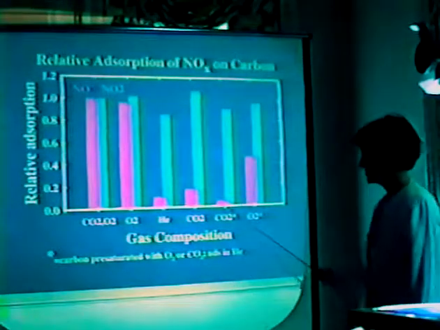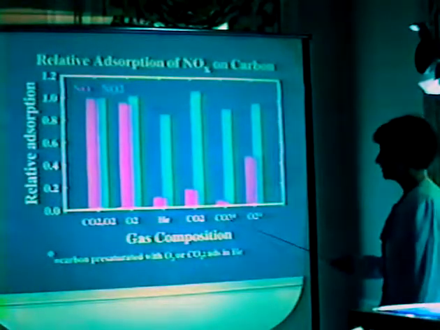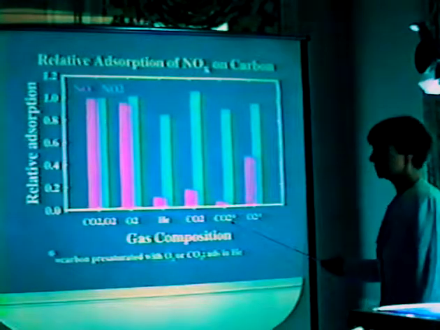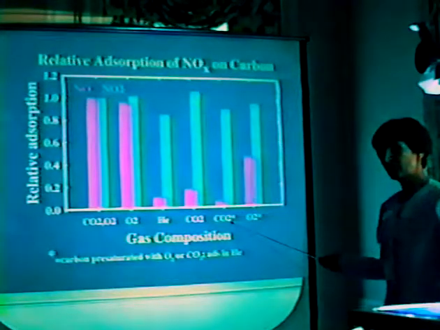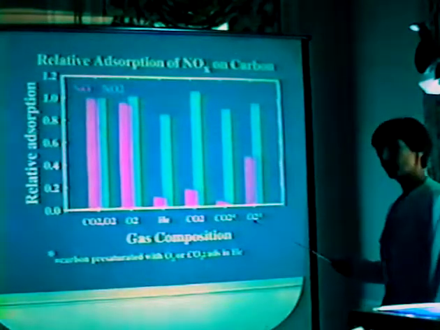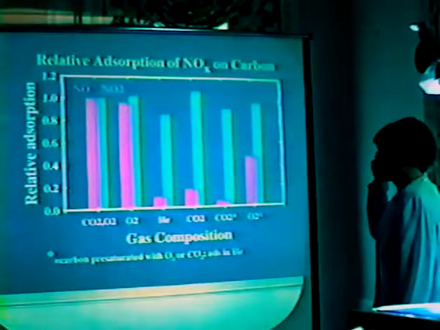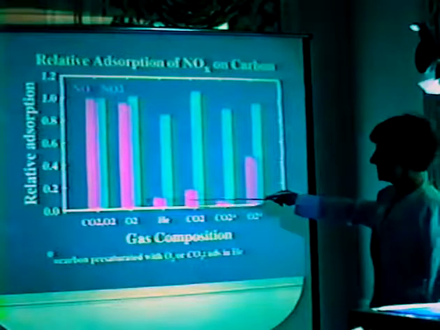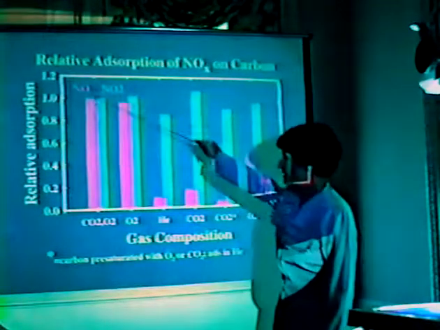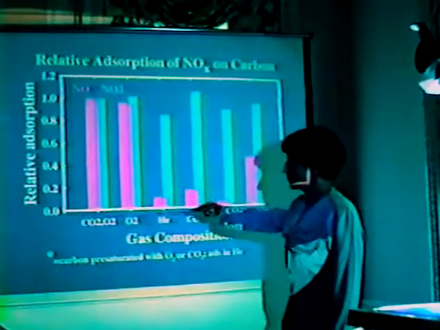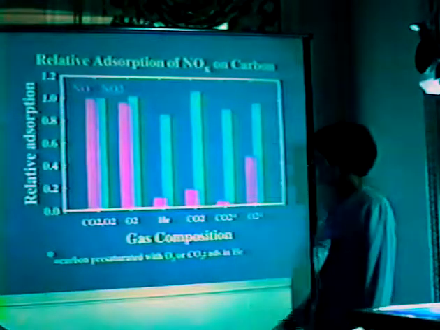Additionally, we have 2 cases here where we looked at pre-saturating the carbon with CO2 and then doing adsorption in helium, and pre-saturating with oxygen and then adsorption in helium. What's plotted here is the relative adsorption relative to the base case. We've taken this as the base case where we have both CO2 and oxygen present.